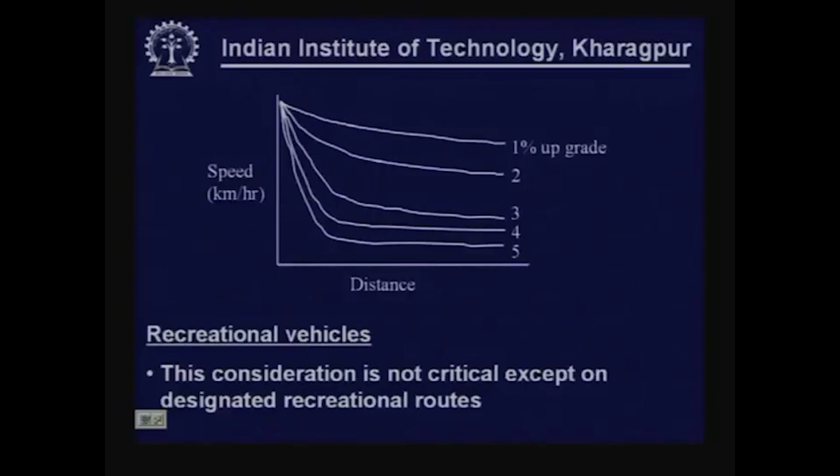Look at the graphs. Here it is shown how, at various longitudinal grades, the speed is reduced over distance. It is clearly observed that the steeper the grade, the greater the reduction in speed, and the speed generally reduces more as the distance is more.